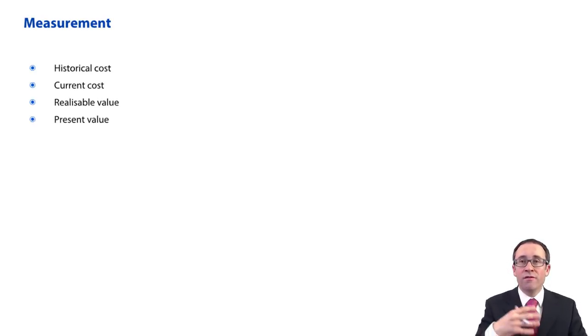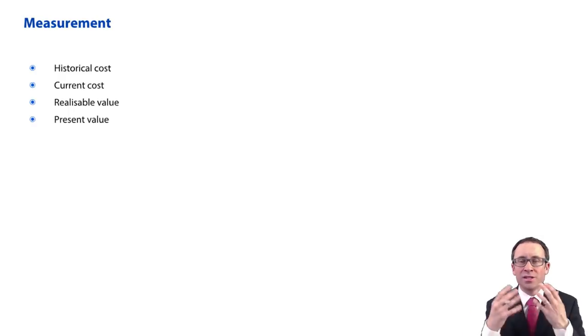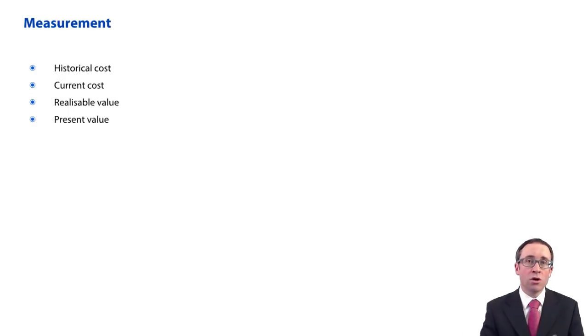So what is the fair value of that asset at a particular point in time? As we use that asset over time, if we had 10 years, after 2 years there's 8 years left on the asset. Well, what's a 2-year-old asset worth? If it has 8 years left, what's its fair value? What are people prepared to pay for that asset in its current condition? So that's your current cost in terms of your revaluation model, isn't it?